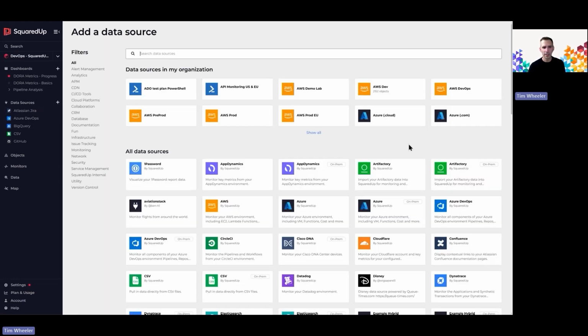In fact, there are nearly 70, I think, bespoke integrations designed for things like AWS CodePipeline, Azure DevOps, Jenkins, etc. And also we have more generic ones for maybe those bespoke tools or internal data such as Web API, PowerShell, the CSV if you're taking from a flat file, and many others.